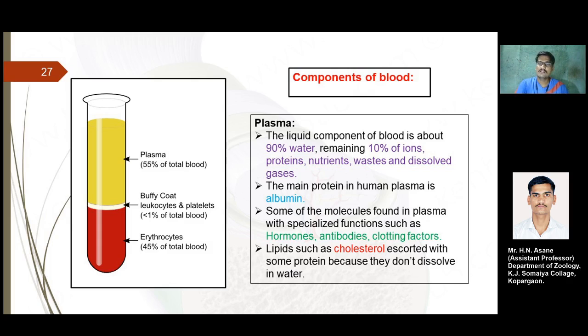The waste generated in a particular cell is also transported by the blood and dissolved into it, and then the blood is filtered by the kidney, which turns these wastes into urine.